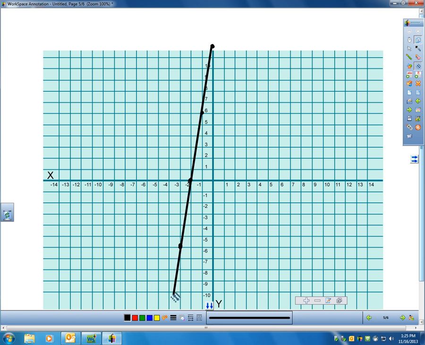And you notice when we draw a line through these points that we cross the x-axis at -2. It looks like the x-intercept in this problem is -2. So that would be (-2, 0).